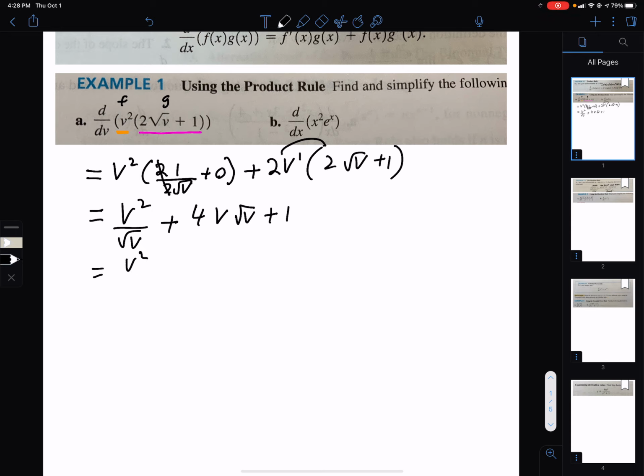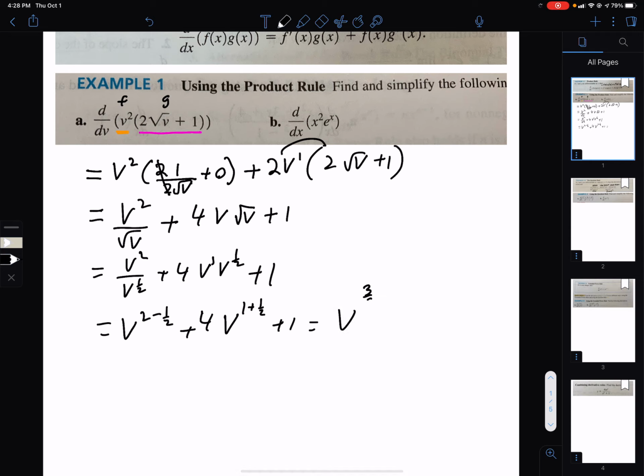A little bit more. This is v to the 1/2 power. This is v to the 1/2 power. And you need to know this. Exponents with the same base, you add. That's going to be v to the 1 plus 1/2. There's a 1 there that you don't see. So the rule, you add the exponents. And a final answer is v to the 3/2 plus 4v.